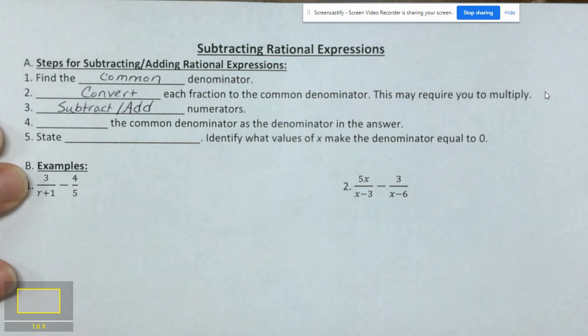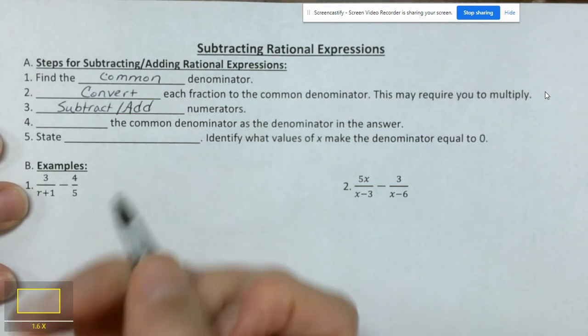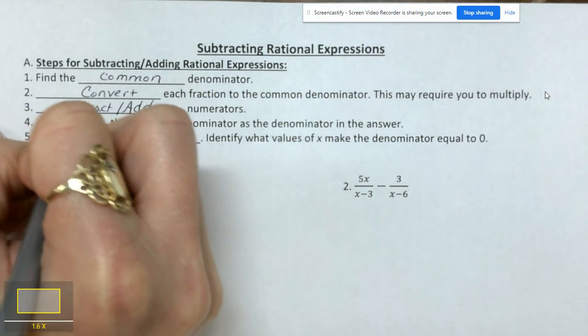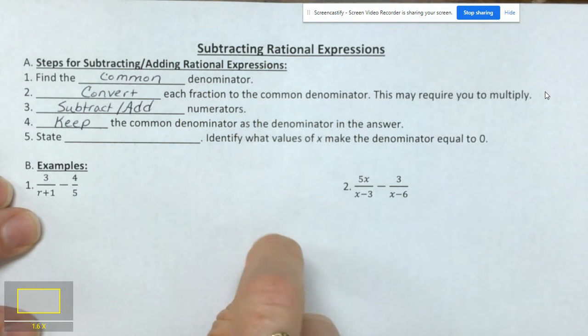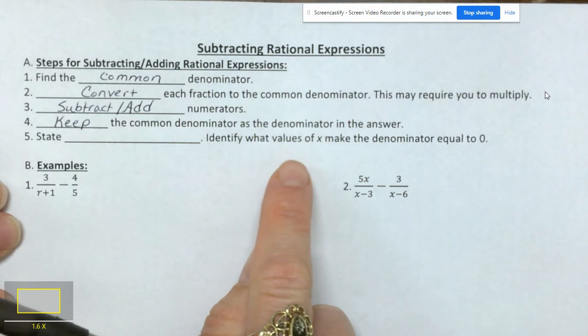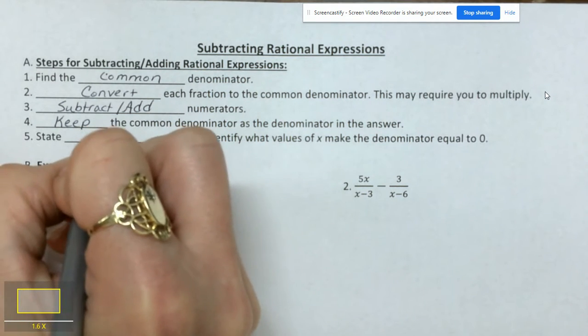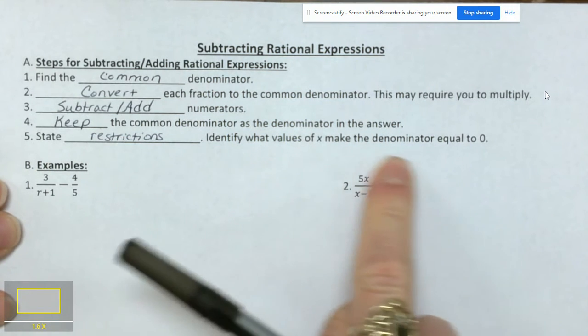In today's lesson, we'll be subtracting most of the time. Then you keep the common denominator as the denominator in your answer. So whatever you get your common denominator to be, that's going to be your answer denominator as well. And then you're going to state your restrictions using whatever that common denominator is, what would make it equal to 0.